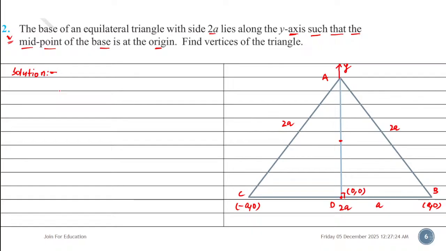Consider the right triangle ADB. So this one will be what? AB square equal to AD square plus BD square.